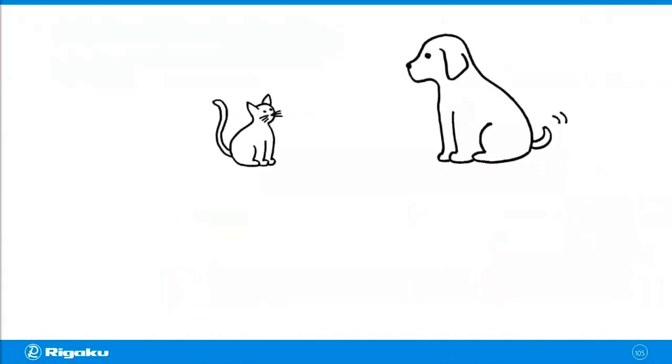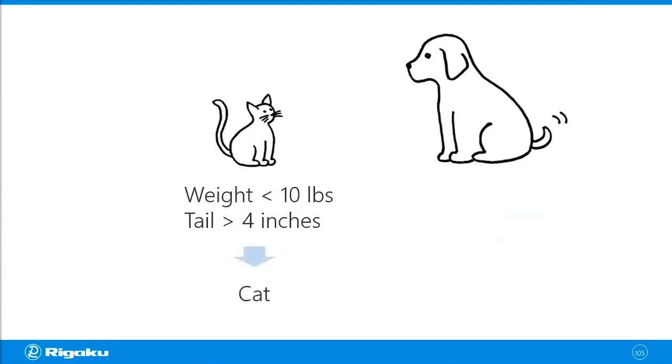Let's say that we have a database of a bunch of animals, and we want a program to tell the difference between cats and dogs automatically. In traditional programming, we have to come up with explicit rules. So you might say, okay, if the animal weighs less than 10 pounds and its tail is longer than 4 inches, I say that's a cat.